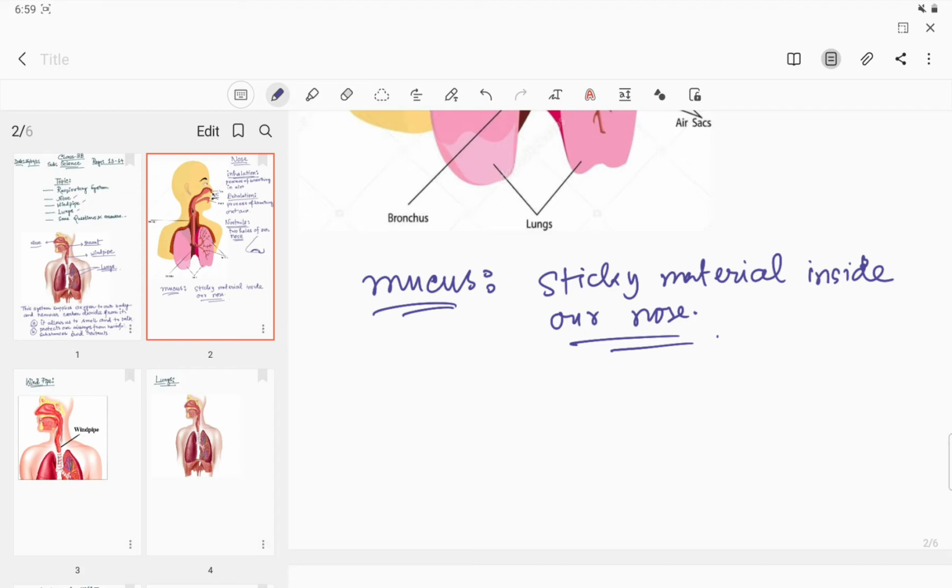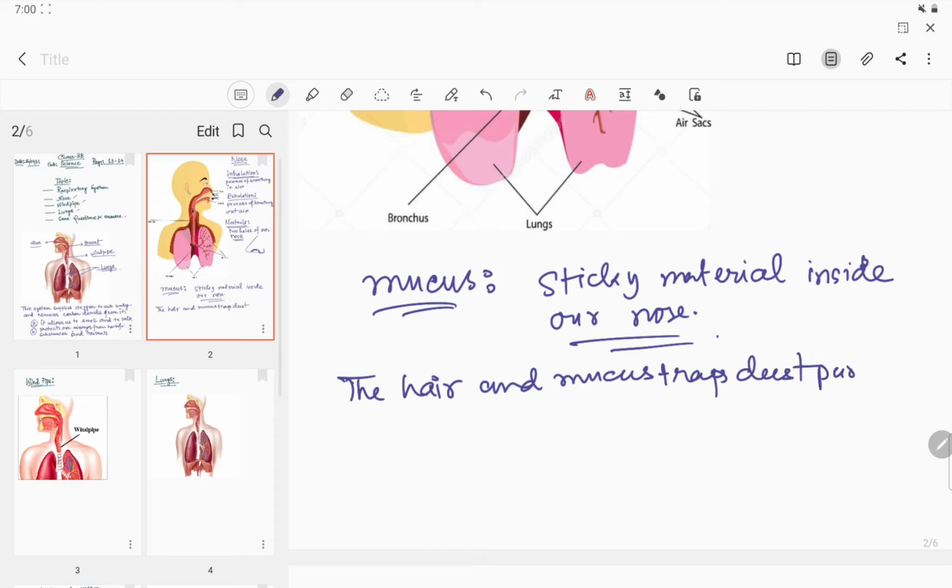The hair and mucus trap dust particles and germs before they go into the lungs. The main role of hair and mucus is to trap dust particles and germs from going into the lungs.